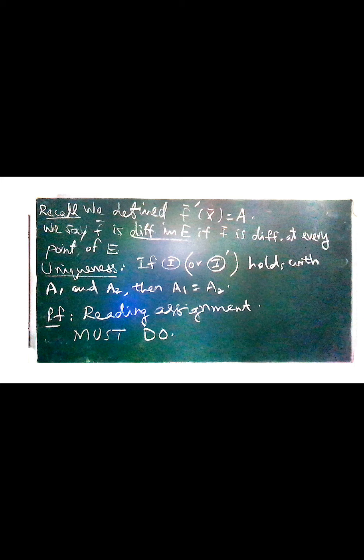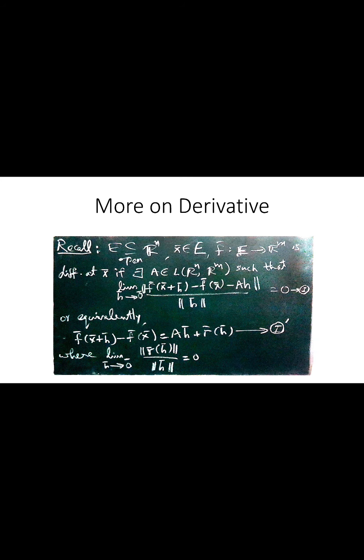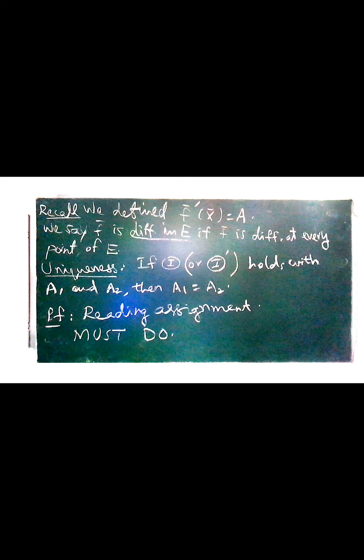Next we go to the essential uniqueness. Suppose f is differentiable at x. That means either 1 is satisfied or equivalently 1 dash is satisfied in the previous slide. Both are equivalent. Suppose 1 or 1 dash holds with two linear transformations A1 and A2. Then A1 equals A2. This is what is called uniqueness.